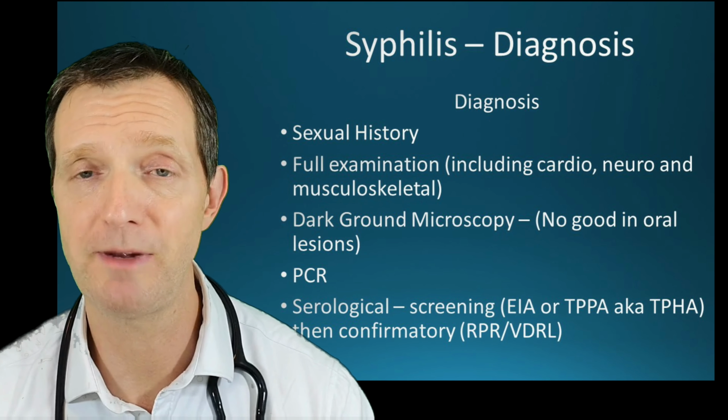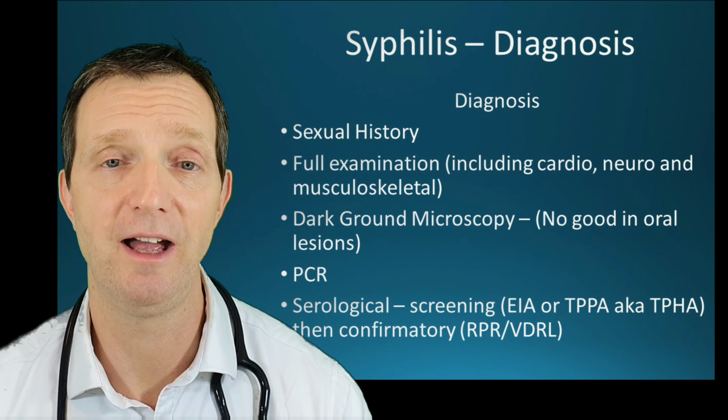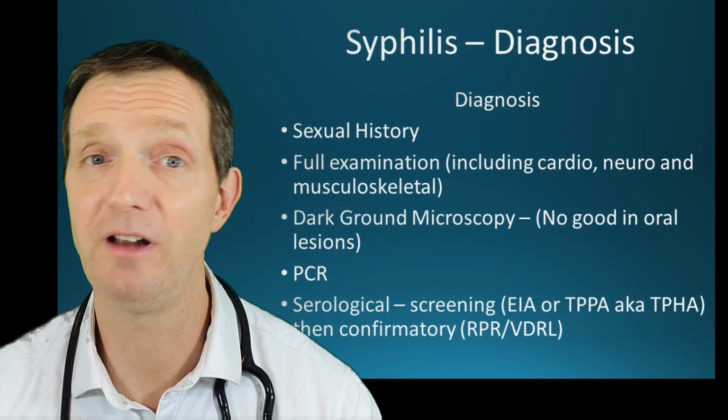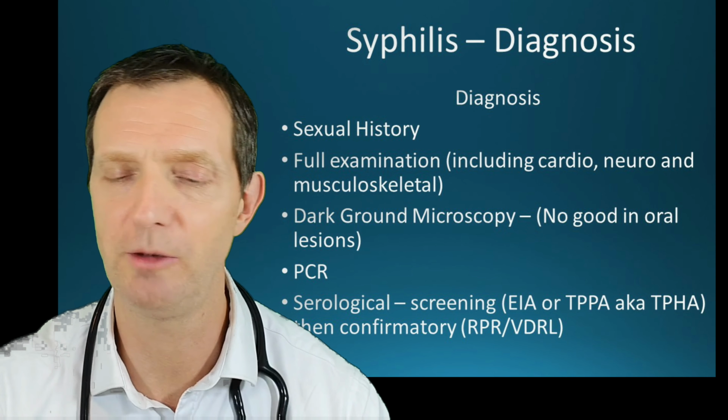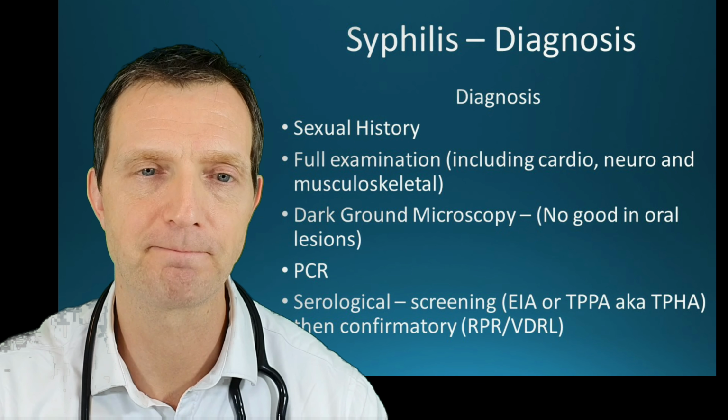If they're married and been married for a very, very long time, how many sexual partners their partner has had if they know, is it an open relationship, is it a closed relationship, and all these types of things.